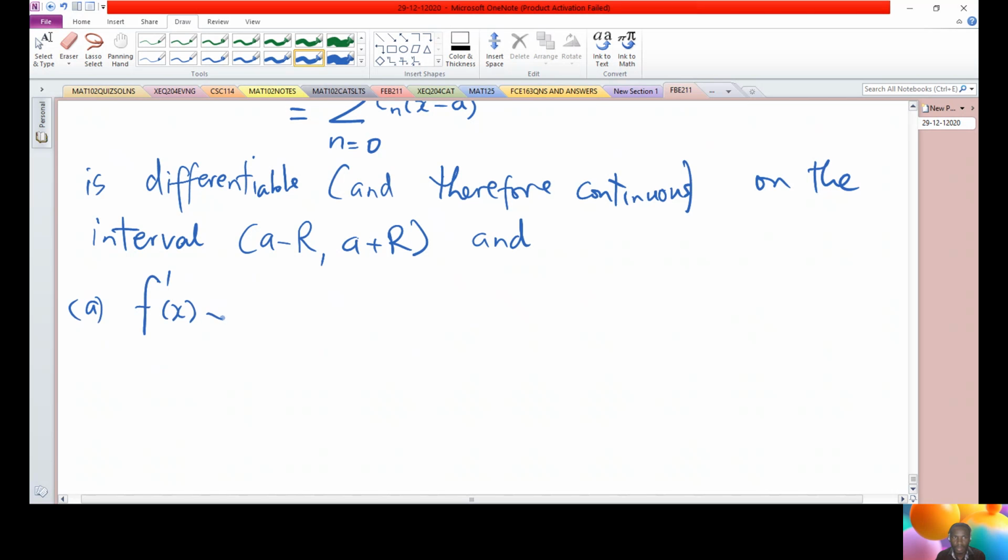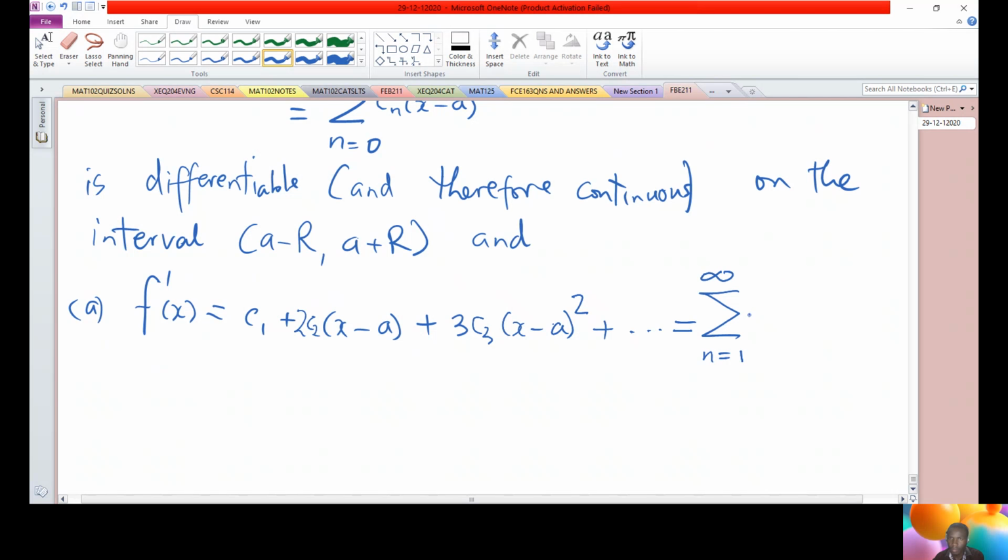A: The derivative of that function f is c1 plus 2c2 times x minus a, plus 3c3 times x minus a squared, plus several terms, n cn times x minus a raised to the power n minus 1.